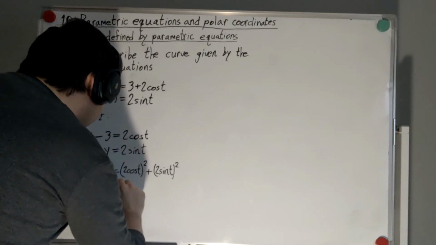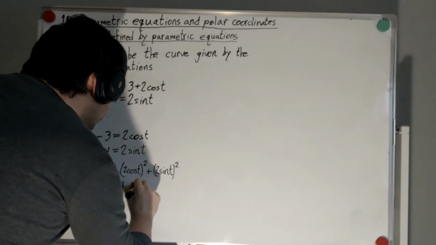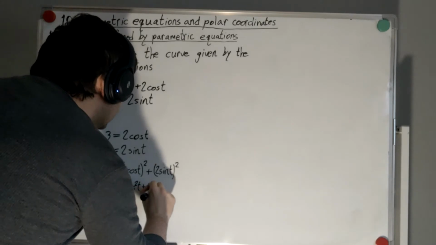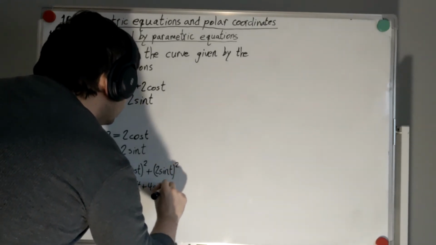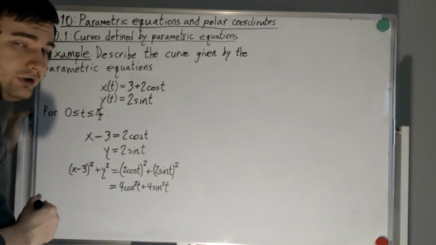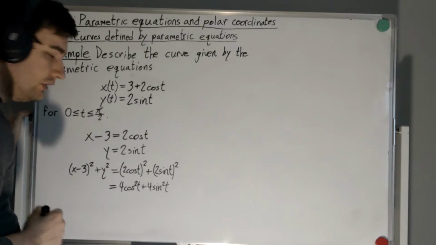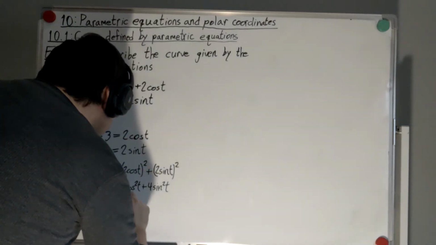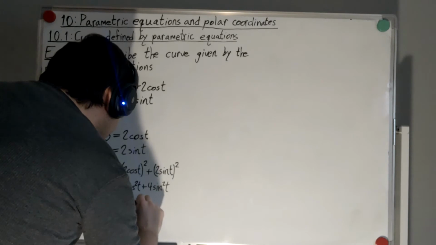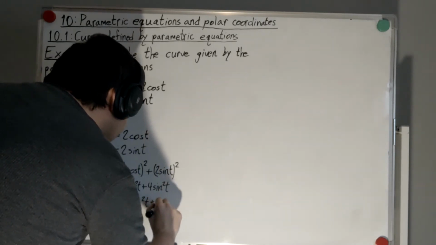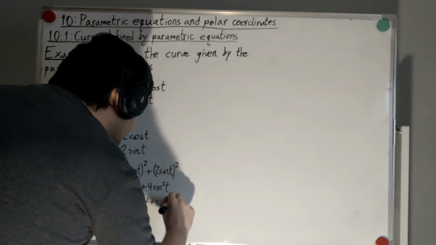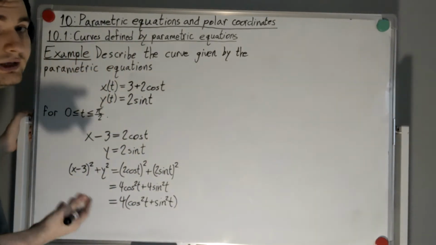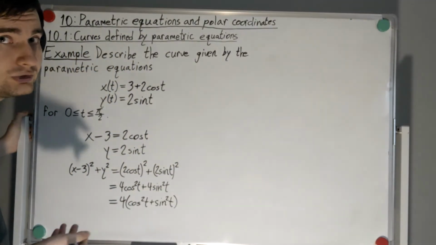This is 4 cosine squared t plus 4 sine squared t. Then you can factor a 4 out of those two terms. So you get 4 times cosine squared t plus sine squared t. Cosine squared t plus sine squared t is always just 1.